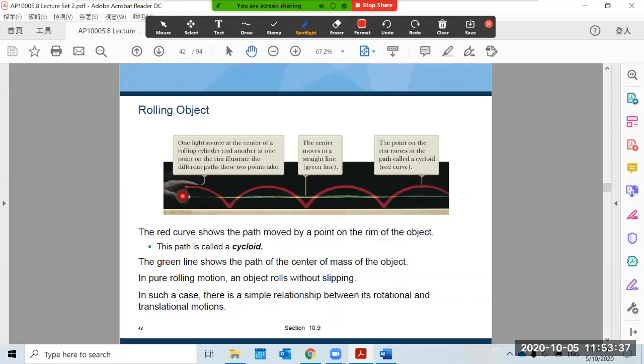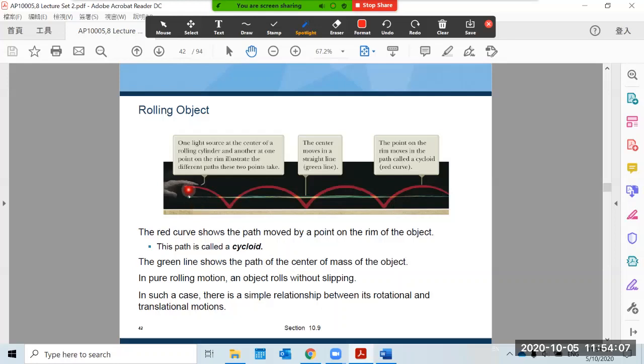Here we cannot see it very clearly, but a person is holding a cylinder, and the cylinder is moving on a flat horizontal surface. A particular point of the cylinder would map out a trajectory, a path as shown in red.